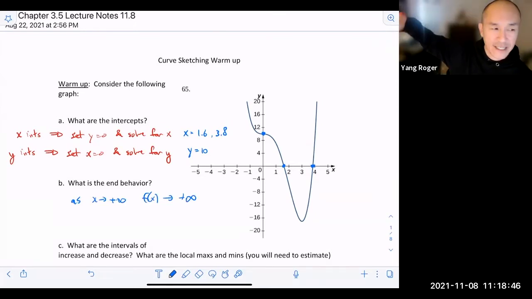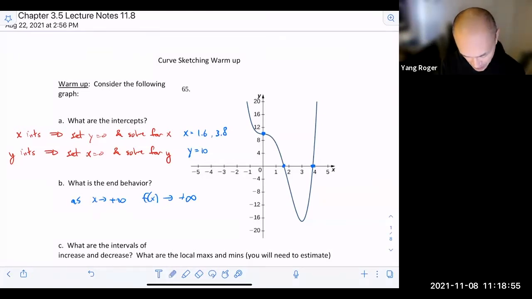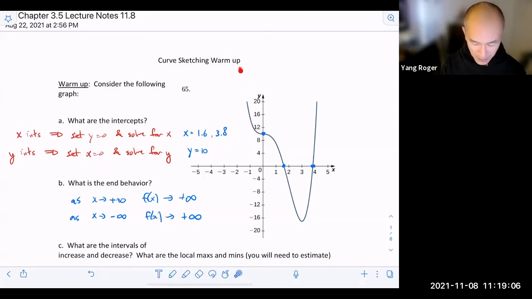If it went down, we'd say negative infinity. If it approaches a horizontal asymptote, we'd say y equals whatever that horizontal asymptote is. For this side as well, as x goes to negative infinity, f of x goes to positive infinity, because even though we're going to the left, our function's still going up. Are there any questions about the end behavior?